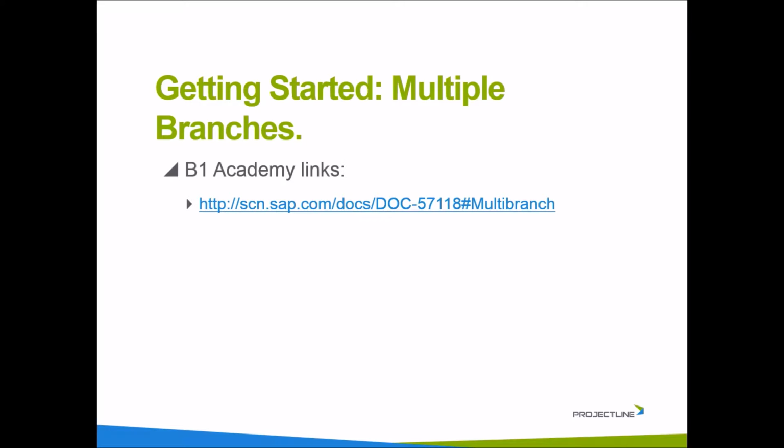Okay, so when it comes to getting started with multiple branches, here's really where you want to go on the Business One Academy. This is the part we want to dive into today, because obviously there's not enough time to train on multi-branch in its entirety. I want to make sure everybody knows where they can go for additional help.